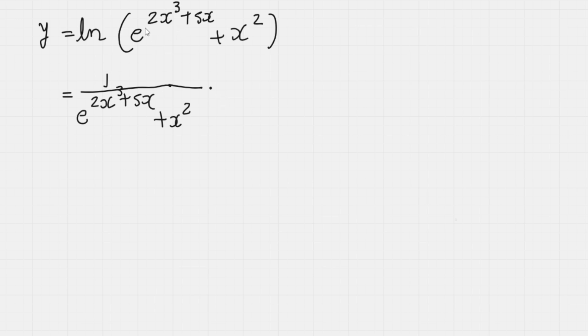So in the inner function the first term is e^(2x³+5x). The derivative of the exponential function is itself, so e^(2x³+5x) will stay as it is. In the multiplication we write the derivative of this inner function 2x³ + 5x, which is 2 times the derivative of x³, 3x², plus the derivative of 5x, which is just 5.